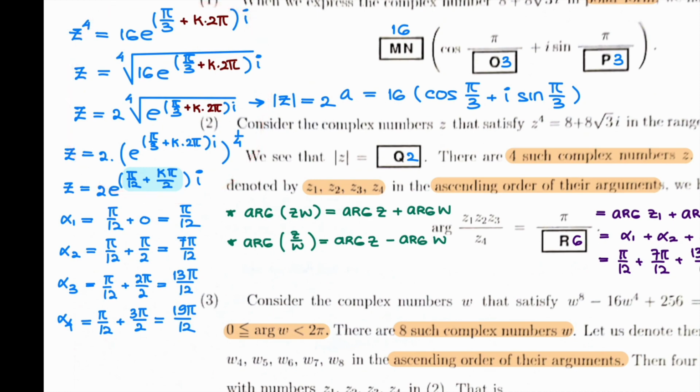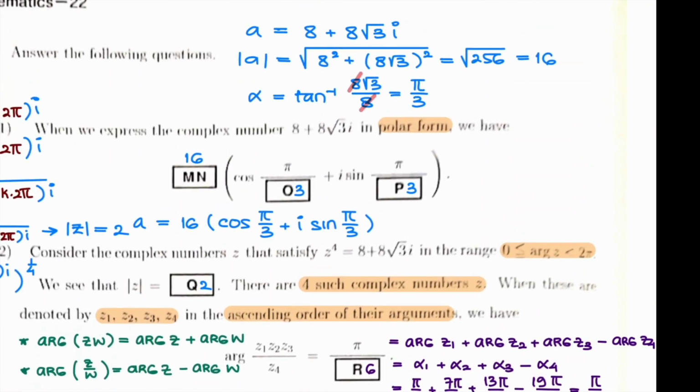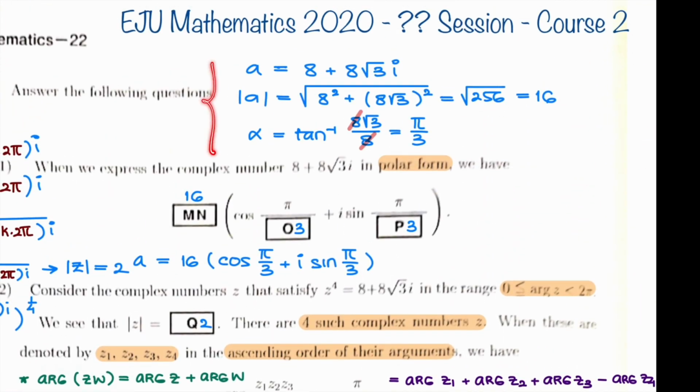The only difference is the argument of 8 minus 8 square root of 3i. So I will assume that complex number as C. C equals 8 minus 8 square root of 3i. We can find the modulus of C and the argument of C by using the same method here.